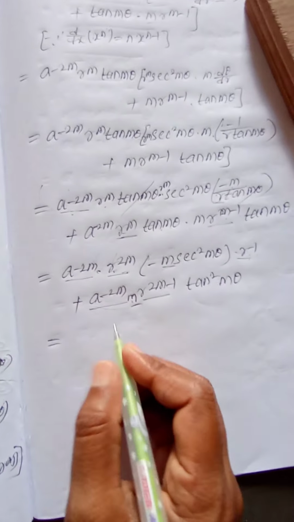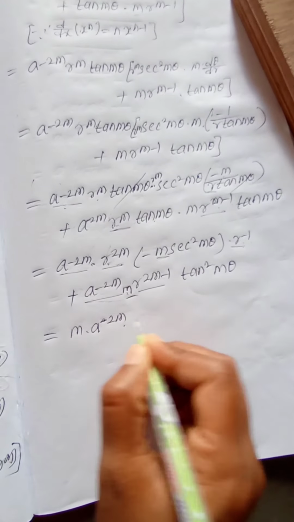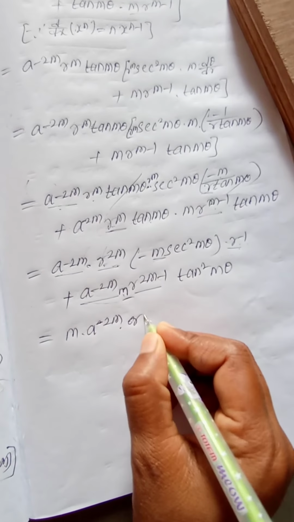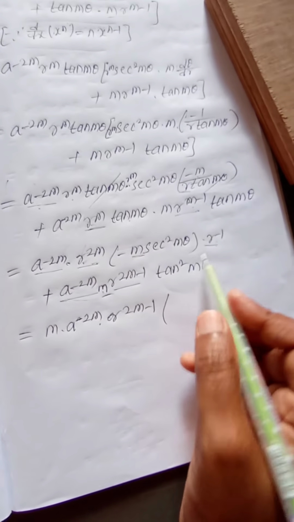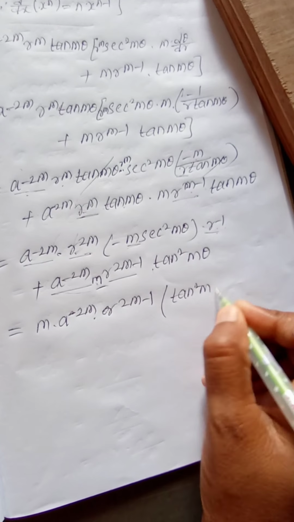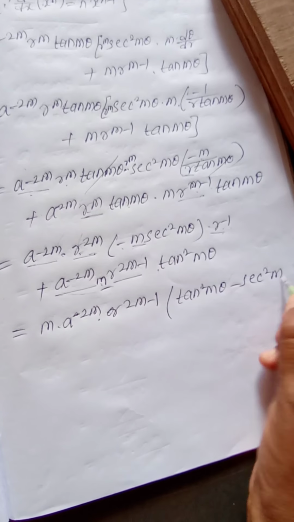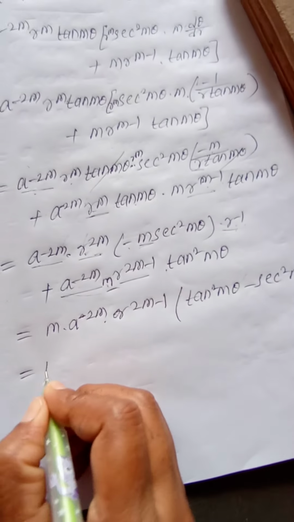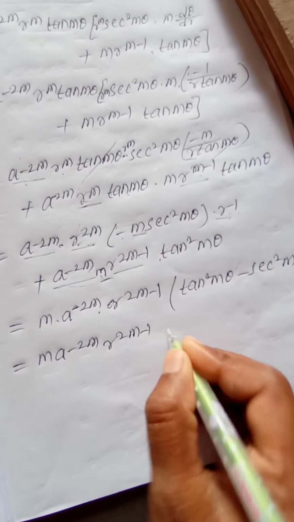So take all values, m common, a to the power of minus 2m common, and r to the power of 2m minus 1 is common. So first write the positive value, tan square m theta, minus secant square m theta. So this is m into a to the power of minus 2m, r to the power of 2m minus 1.